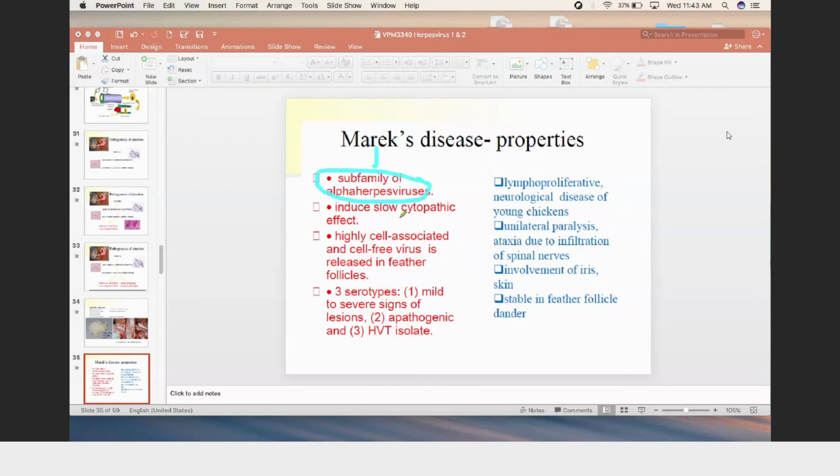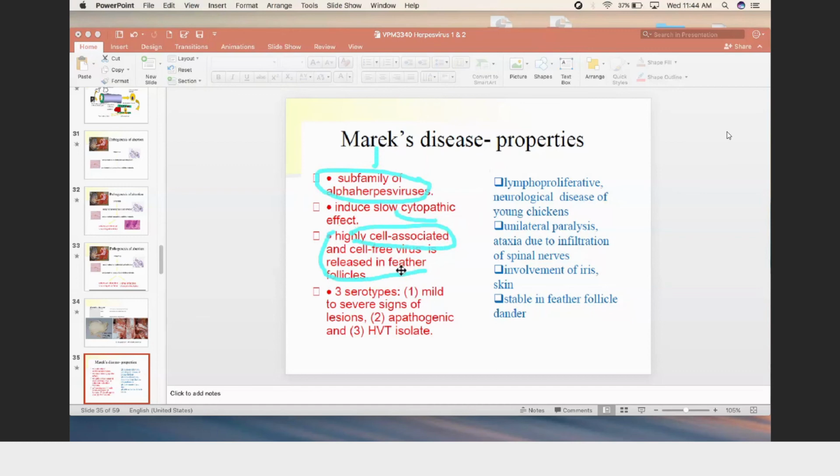So Marek, other than BHV, is another target here. It is a slow CPE virus, it produces CPE very slowly, it takes a longer time. It is highly cell associated, meaning that the virus likes to stay inside the cell. And the cell-free virus you can only see from the feather follicles.